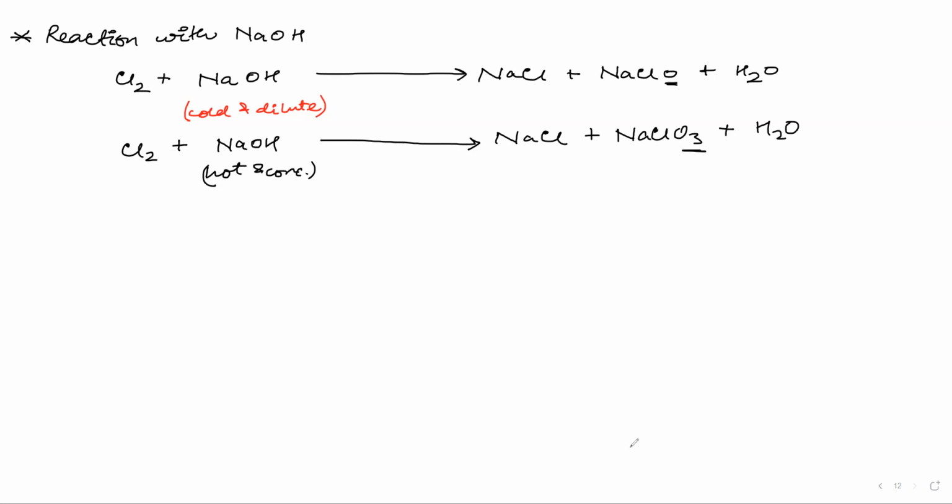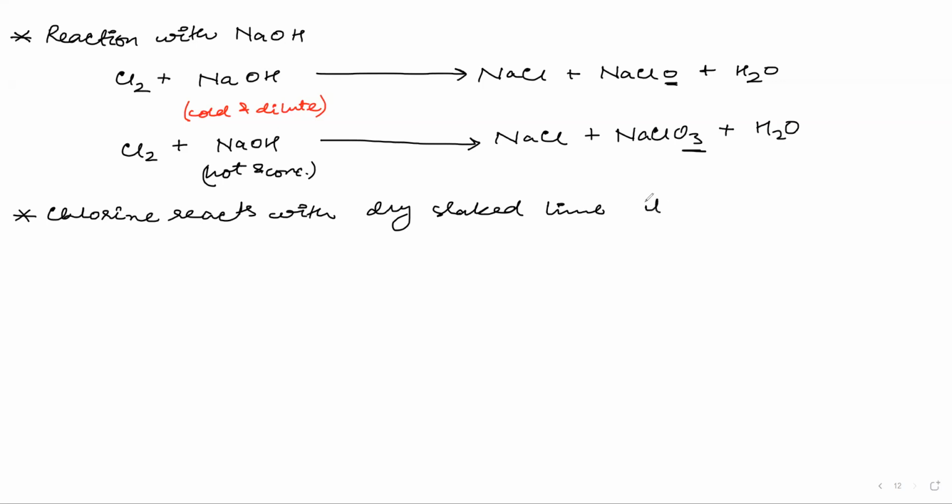The next point: chlorine reacts with dry slaked lime, then it forms bleaching powder.